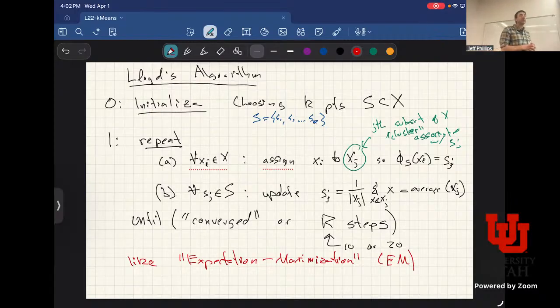This is a very common framework for harder optimization problems. In our lecture on Monday next week, we're going to see mixture of Gaussians, a more complicated statistical version of this with soft clustering and everything, but it follows this pattern. If you have a hard optimization problem, try decomposing it into two or maybe more steps that you can each solve very easily.